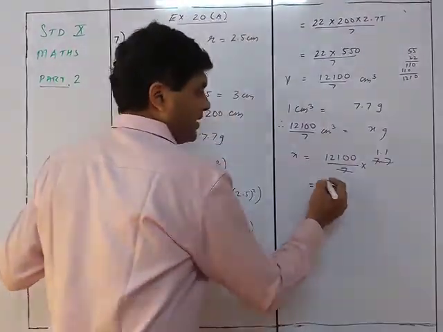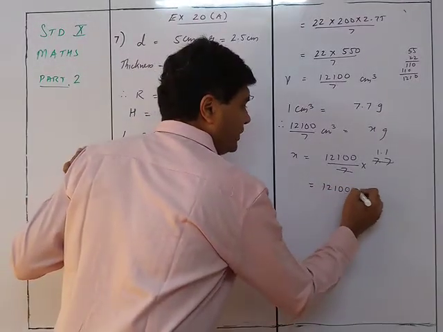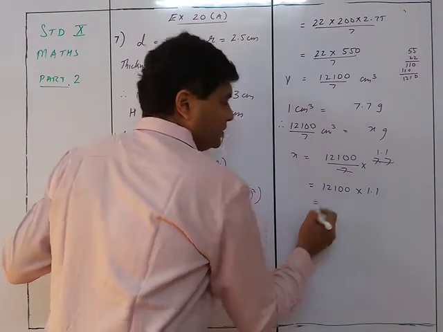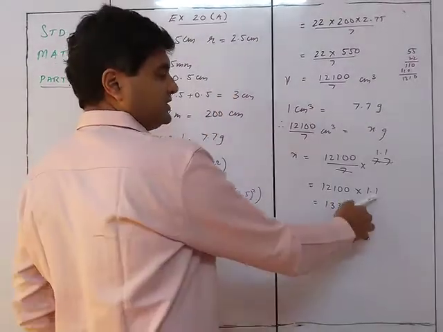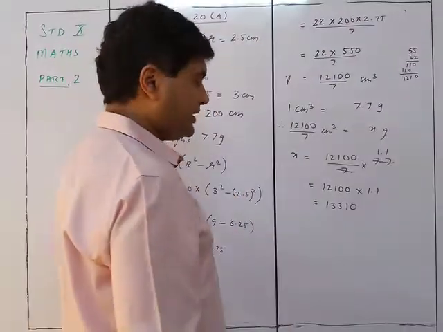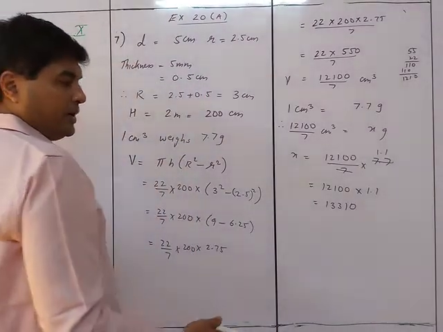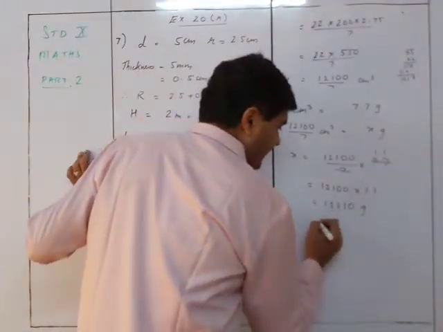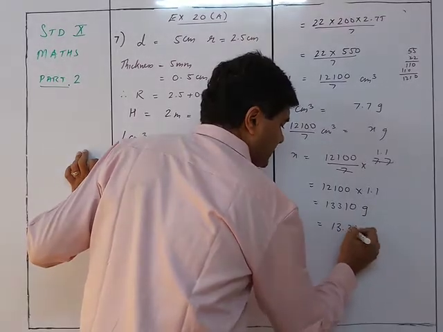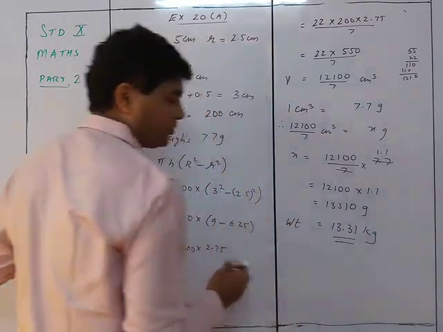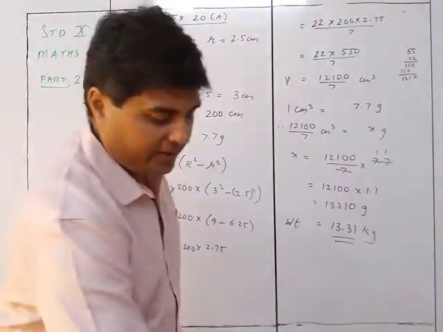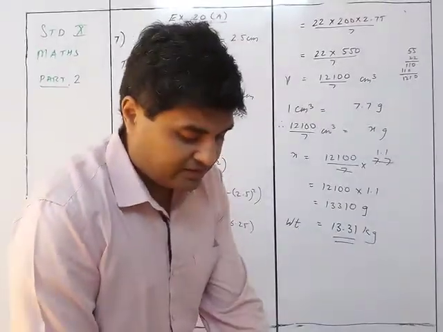So we will have 12100 into 1.1. So it is 13310, because 11 into 121 is 1331. So this many grams. Accordingly, it will be 13.31 kg is the weight. So the weight of the pipe will be 13.31 kg.